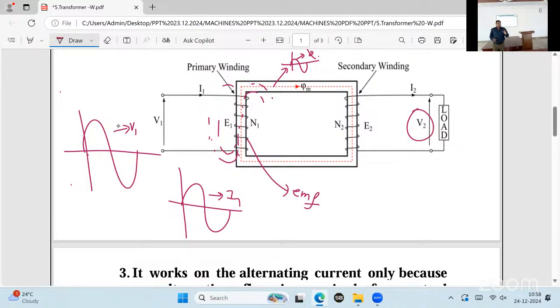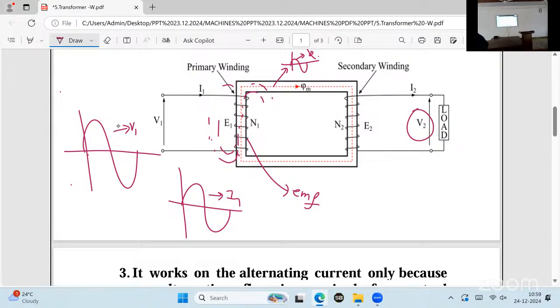How did we get E1? Because of Faraday's first law. What is Faraday's first law? Whenever a change in flux links with the coil, what is the coil? Primary winding. EMF is induced in the coil, called E1, self-induced EMF.